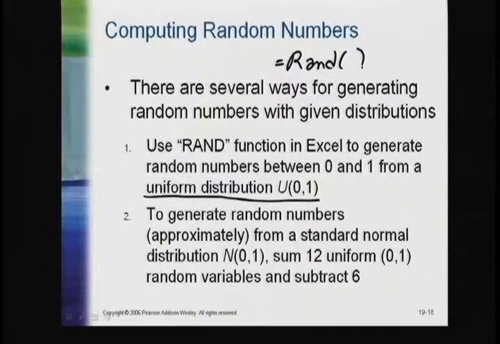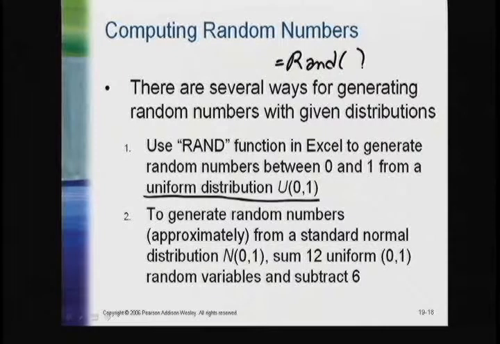And if you hit F9, that collection of 100 sample points will keep recalculating, and you'll keep getting additional samples of 100 uniformly distributed random variables. So it's easy to generate this uniform variable in Excel and many other mathematical software packages. Those can be used directly in finance, as we'll see.